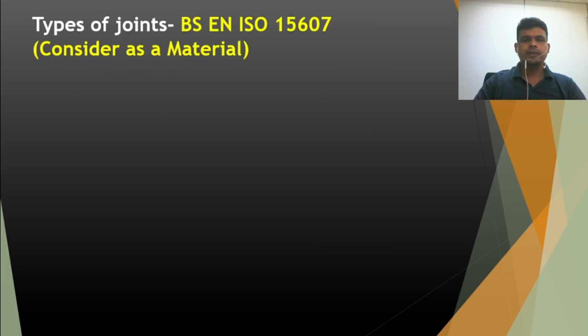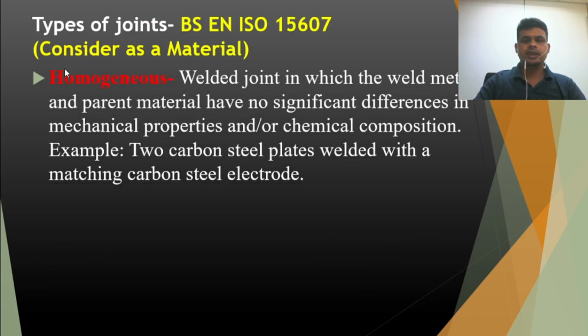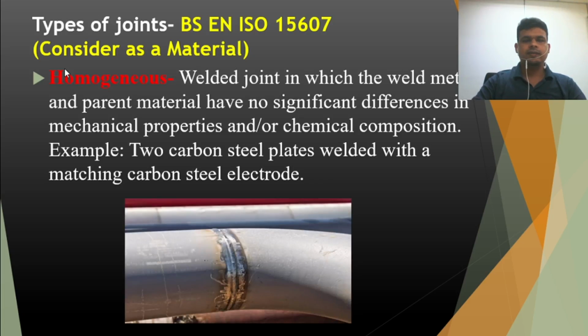If you consider the material, first is the homogeneous. So types of joint: homogeneous. What is the homogeneous? You can see the definition: welded joint in which the weld metal and parent metal have no significant difference in mechanical properties or chemical composition.